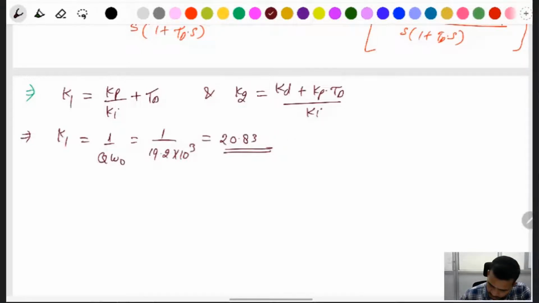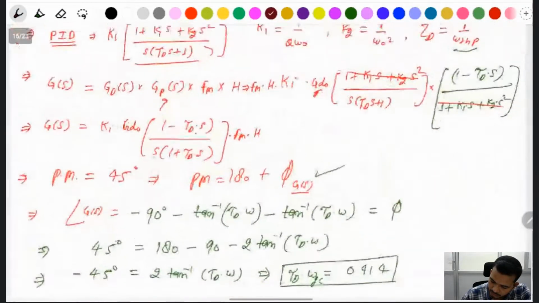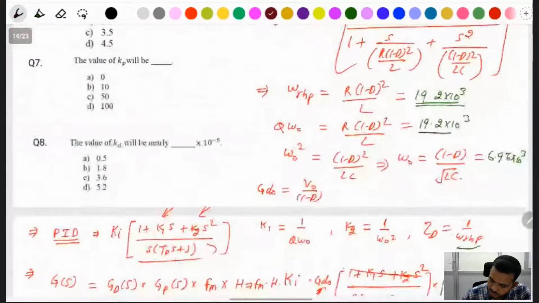So K1 is in microseconds, I will say like second. And value of K2 is 1 upon omega naught square.